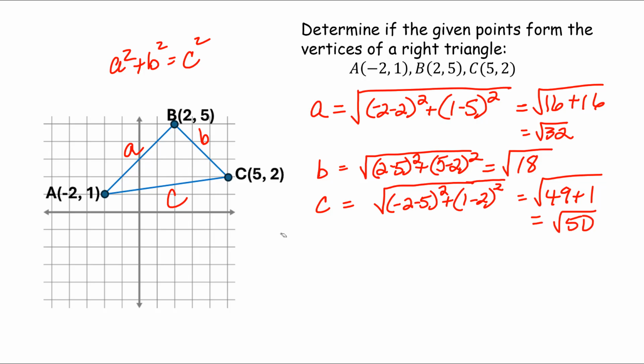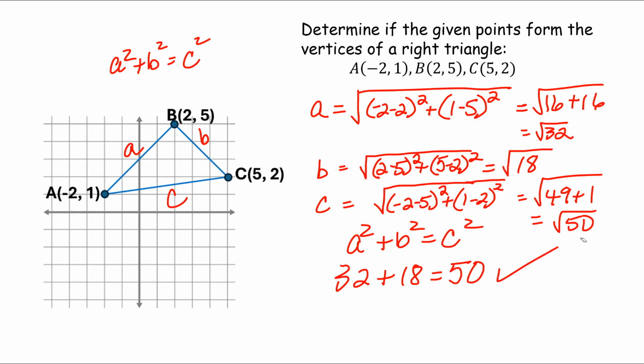You can probably already see that A squared plus B squared does equal C squared, because A squared is 32, B squared is 18, and C squared is 50, and that is true. So it is a right triangle because its sides work in the Pythagorean theorem.